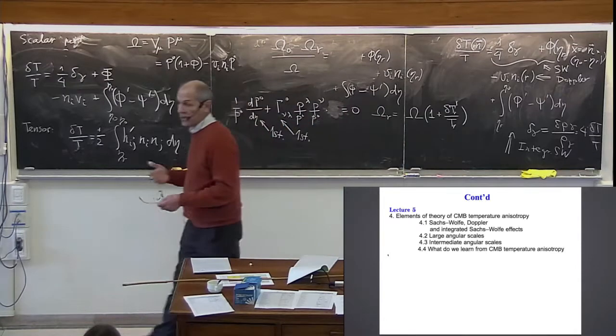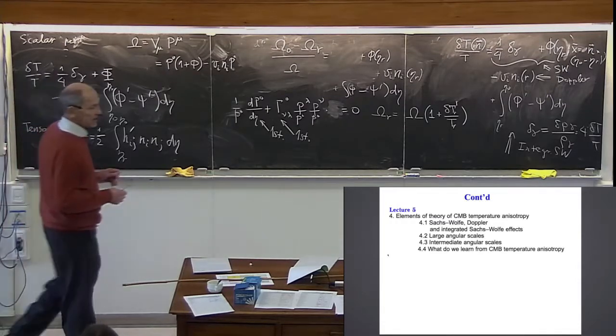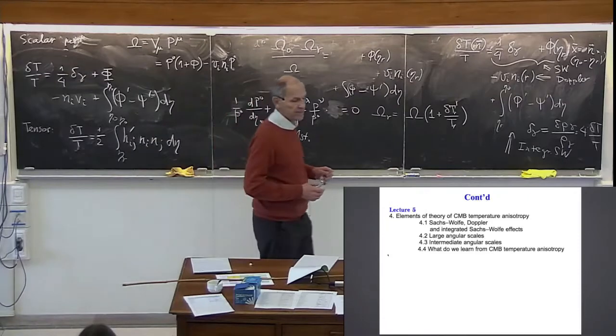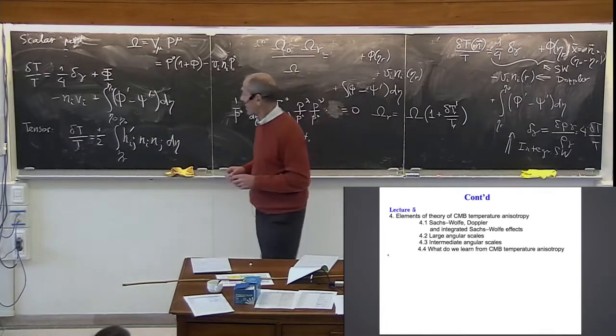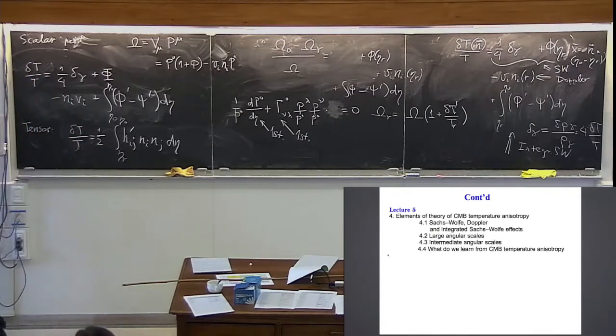So altogether, it may gain or lose energy depending on whether the well became deeper or shallower as the photon travels through it, right? And this term is also known as integrated Sachs-Wolfe.